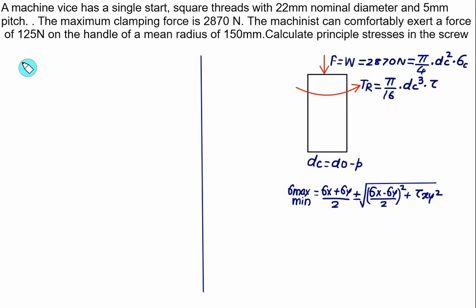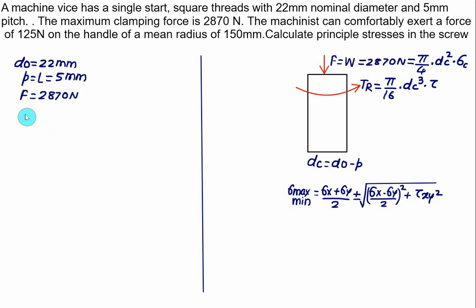The nominal diameter is equal to DO, and this nominal diameter is given as 22 mm. Pitch P, for single start, pitch is the same as lead, and is given as 5 mm. The maximum clamping force F is given as 2870 Newton.